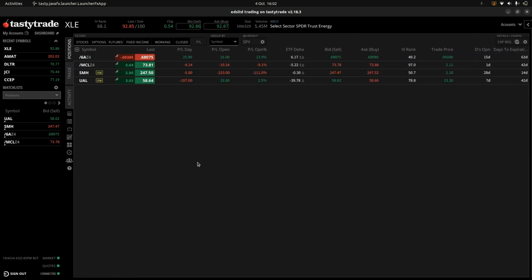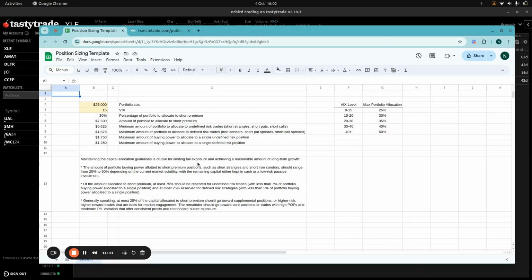We did mention before there is something else you need to know, and that is the size of your positions. We've got a position sizing template that's free for everyone to use. The way it works is you enter in the size of your portfolio. Let's say it's $10,000. Below, you will then enter in what the current VIX level is. Let's just say it's 15.6.